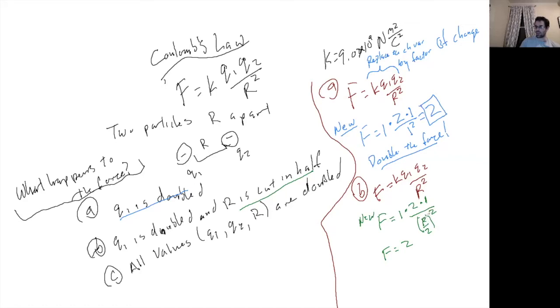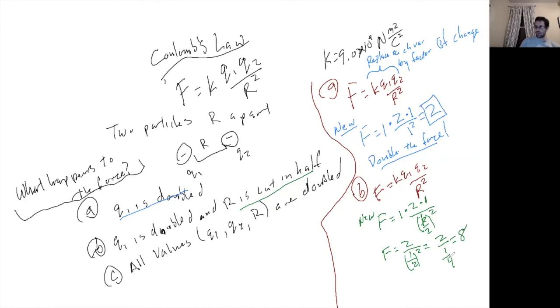I'll change that here. And so over 1/2, because we're getting rid of all the variables, right? So we cut it in half, so we replace it with the 1/2. So 1/2 squared. But this is equal to 2 over 1/4, which is equal to 8.